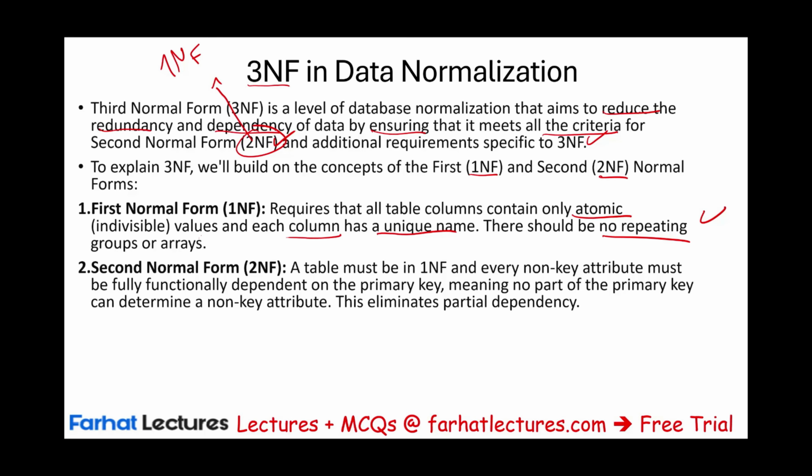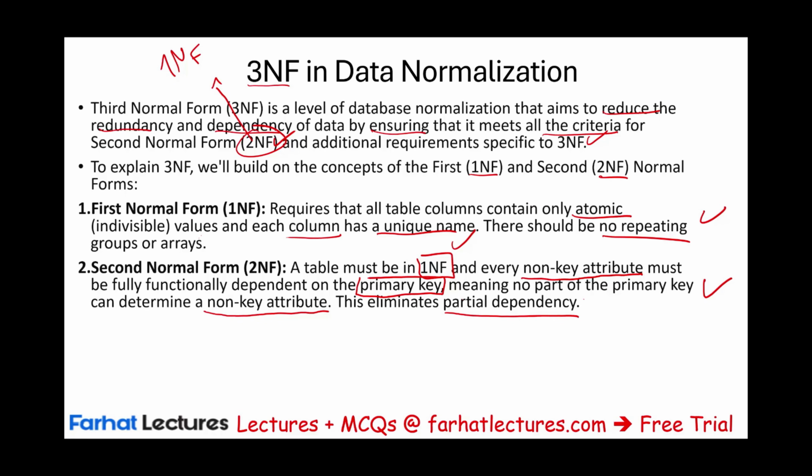For the second normal form, a table must meet 1NF, that's why it's a requirement, and every non-key attribute must be fully functionally dependent on the primary key, meaning no part of the primary key can determine a non-key attribute. And this eliminates what we call partial dependency. We also covered 2NF in the prior session, so you have to meet 1NF, 2NF.